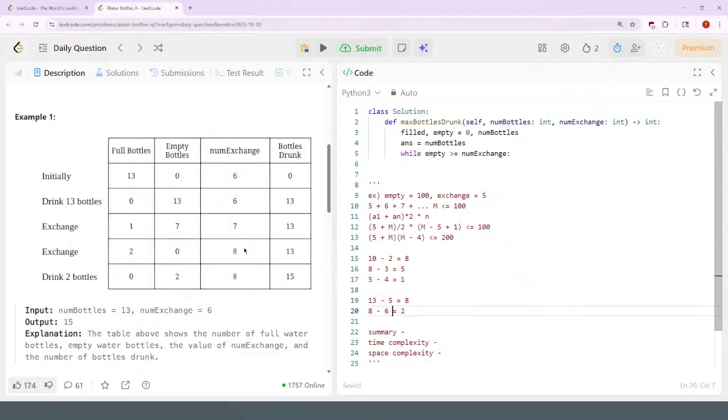Where the number of exchanges is just an increasing, it's just how many numbers from num exchange minus 1 to that number. Okay.